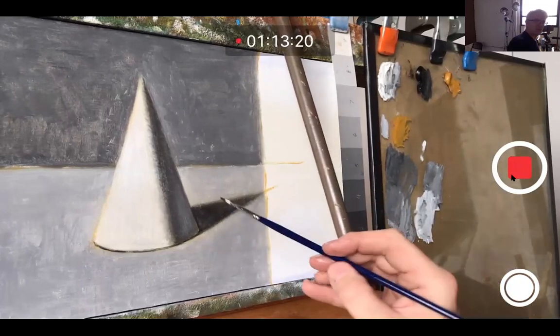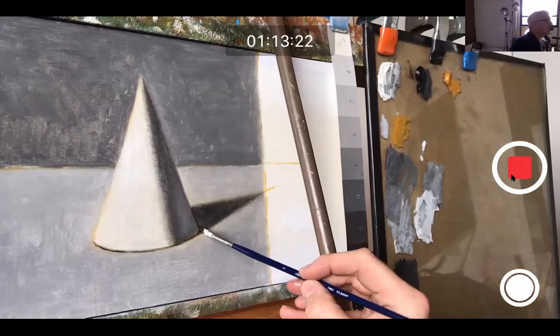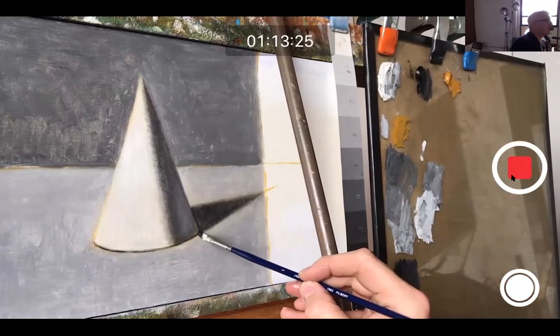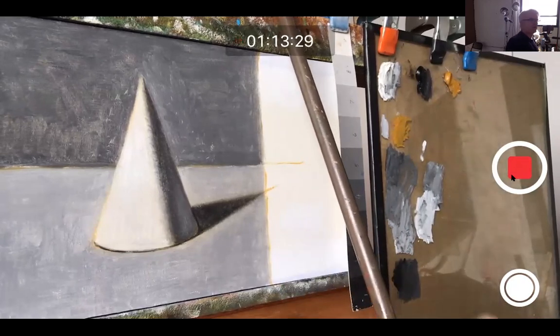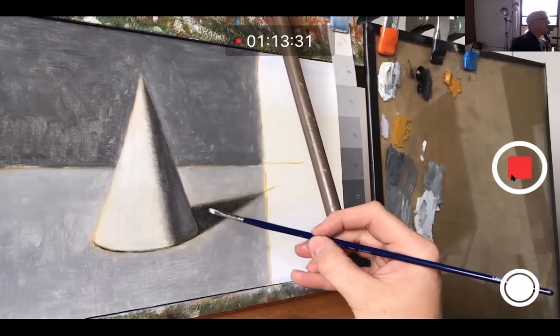As I'm doing that, I'm going to try to clarify the drawing on my ellipse. Draw the ellipse so that it appears to wrap around in space.